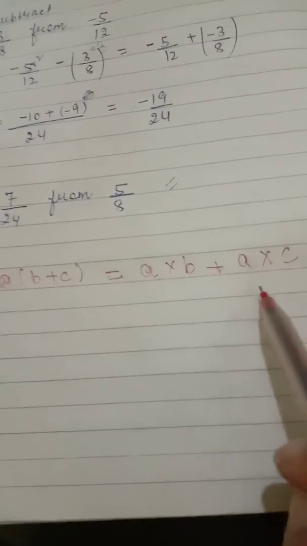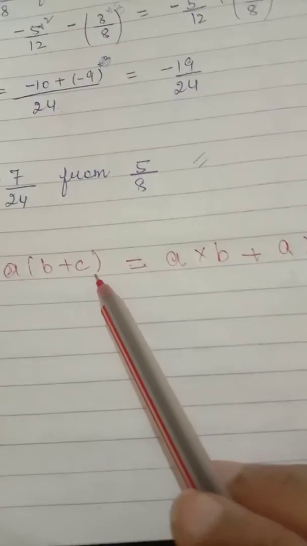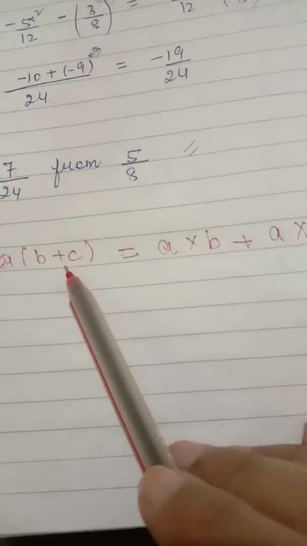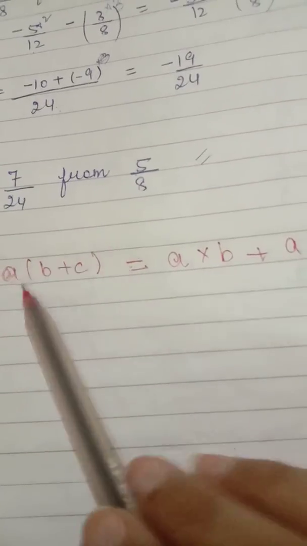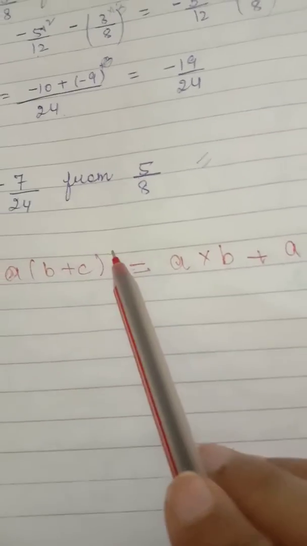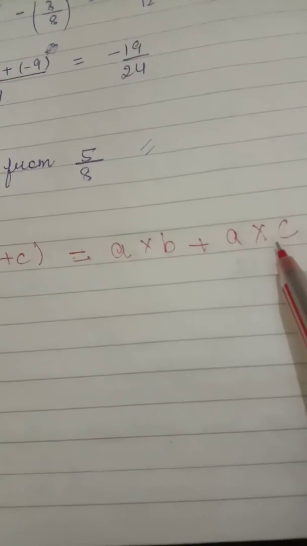Okay, so this is the basic idea of multiplication also, when two terms are given in the bracket with the operation of positive and one term is common. So we can write this in the same way, a into b plus a into c.